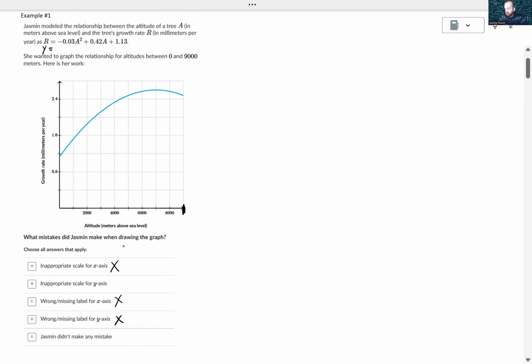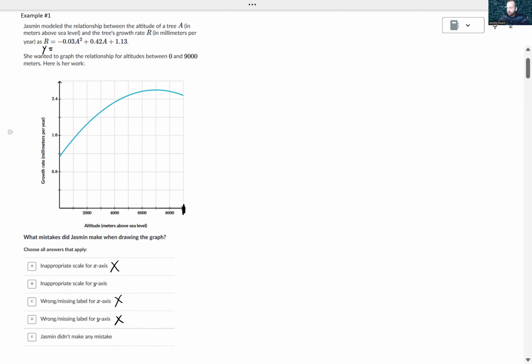The scale for the y-axis, it looks like everything is included in this graph here. We could plug in points for A and figure out where all those are on the graph, but just looking at the graph, nothing's gotten cut off. It's an appropriate scale.